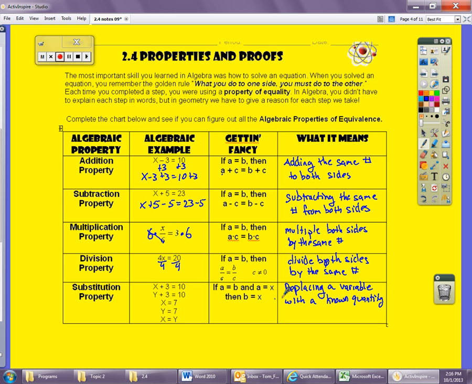If a equals b and a equals x, we are taking out a and replacing it with x. So we're just taking this x and putting it in for a. So that's all we're doing. Substitution property: we're just replacing our variable with a known quantity.